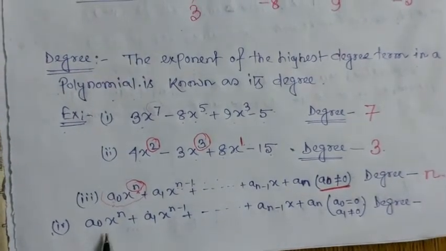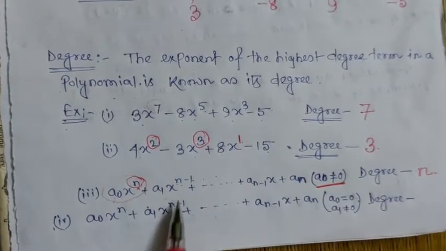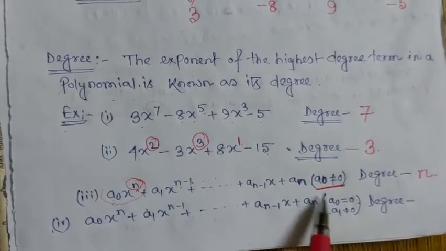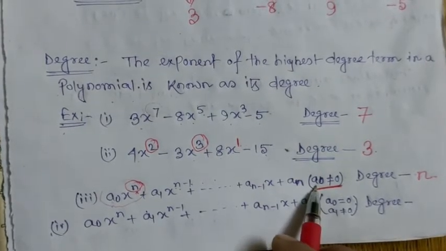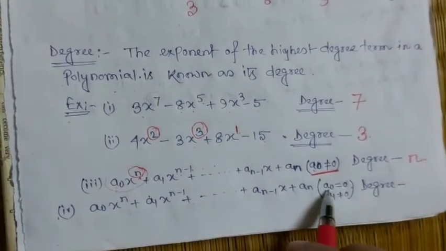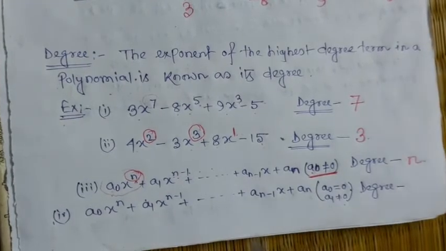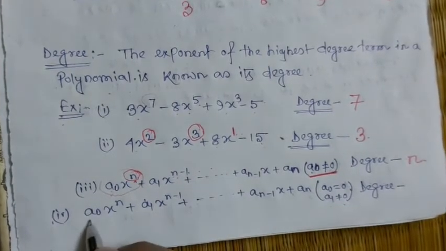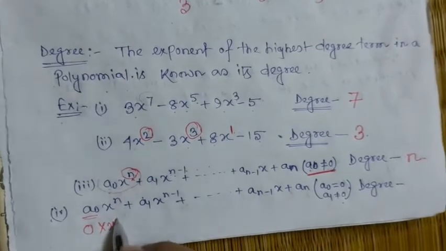And the last one is most likely the same: a0 x to the power n plus a1 x to the power n minus 1, like this. In number 3 the condition was a0 is not equal to 0, but here the condition is a0 is equal to 0 and a1 is not equal to 0. So if a0 is 0, then 0 multiplied by x to the power n gives a total value of 0.